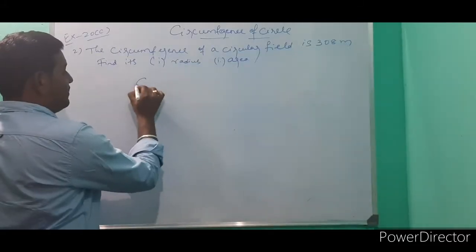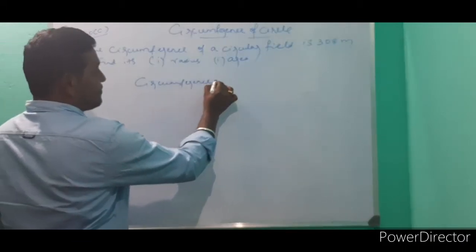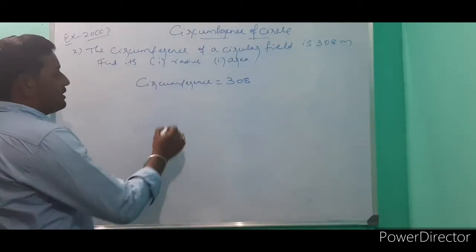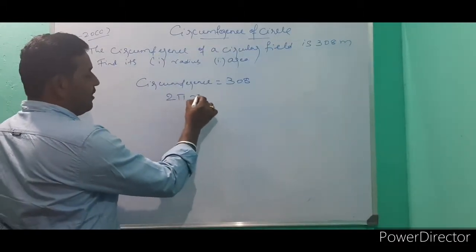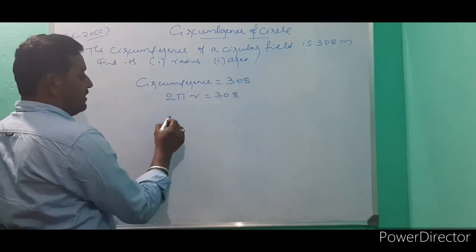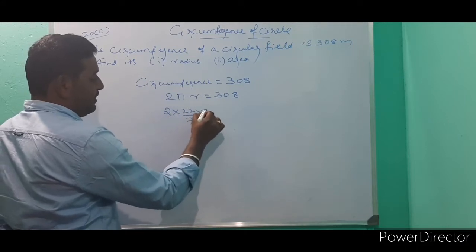Circumference is given, circumference is equal to 308. The circumference formula is 2 pi r equals 308. First we have to find the radius. We know the pi value is 22 by 7.